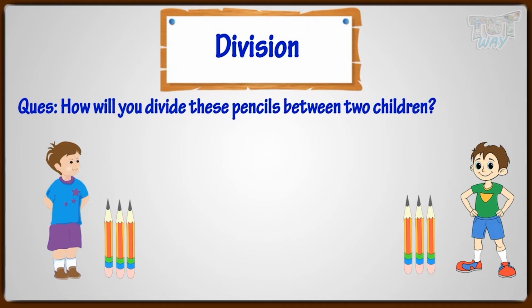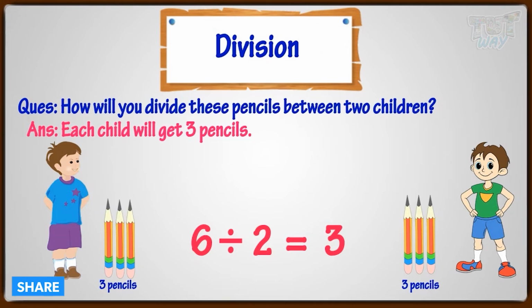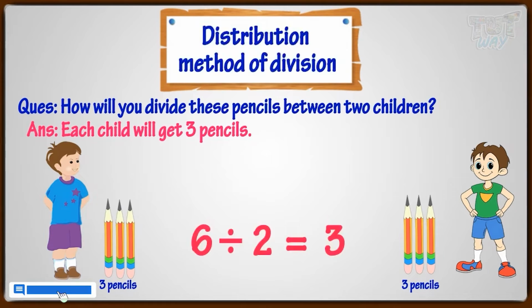See? So each kid will get 3 pencils. That is 6 divided by 2 equals 3. This method of division is called distribution.